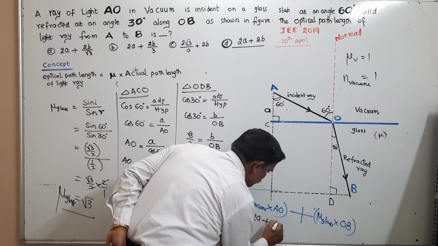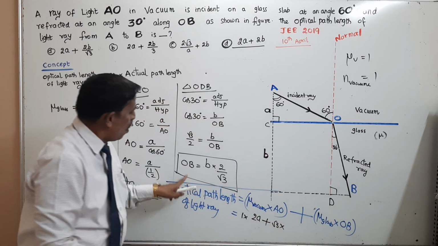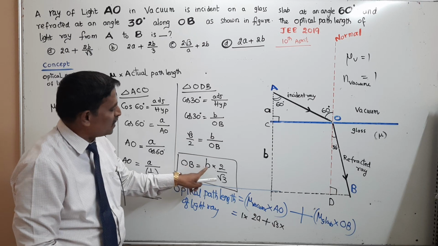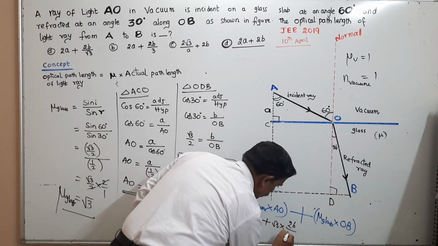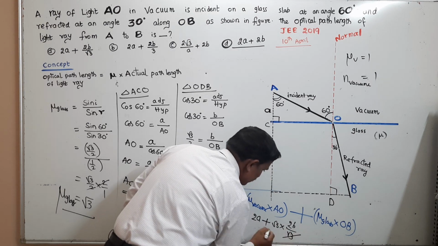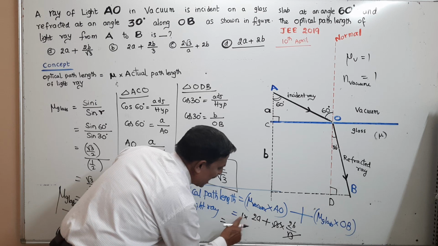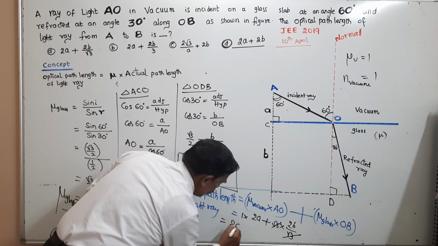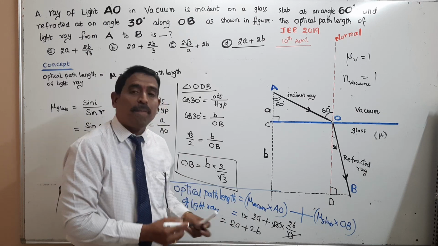Refractive index of glass, root 3, into OB. OB means 2b by root 3. Root 3 cancelled. 2a into 1, 2a plus 2b. This is the optical path length.